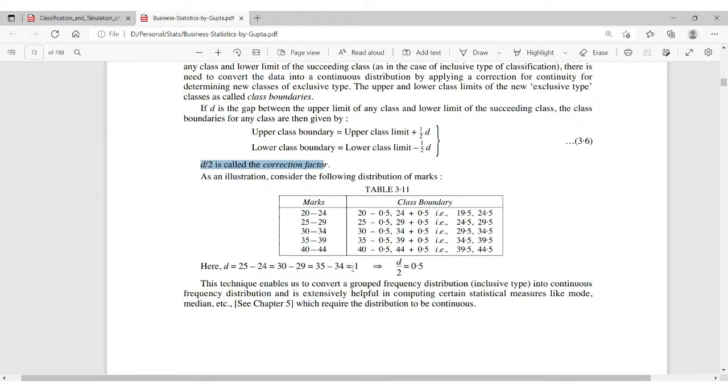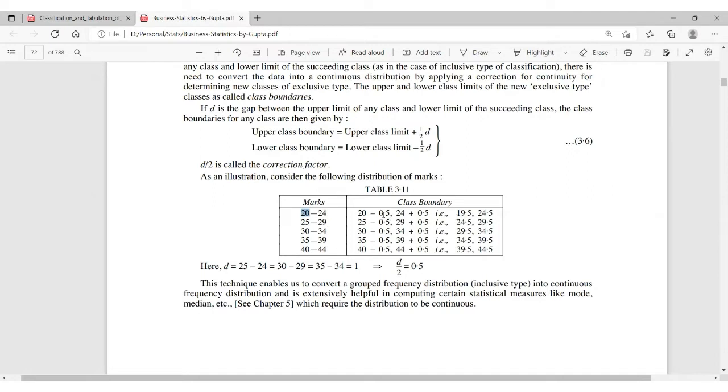Now in this case, difference is 1, half of it comes to be 0.5. So in the lower limit, subtract 0.5, upper limit, add 0.5.